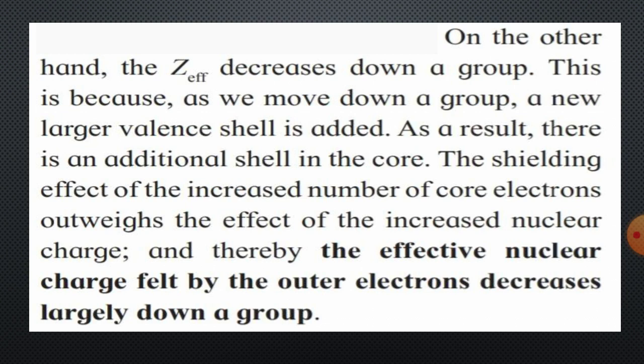As additional valence shells are being added, the shielding effect will play a role and it will offset the increased nuclear charge, and therefore the effective nuclear charge felt by the outer electron decreases largely down a group. Effective nuclear charge increases across the period while it decreases down the group. Hope you all have understood it well.